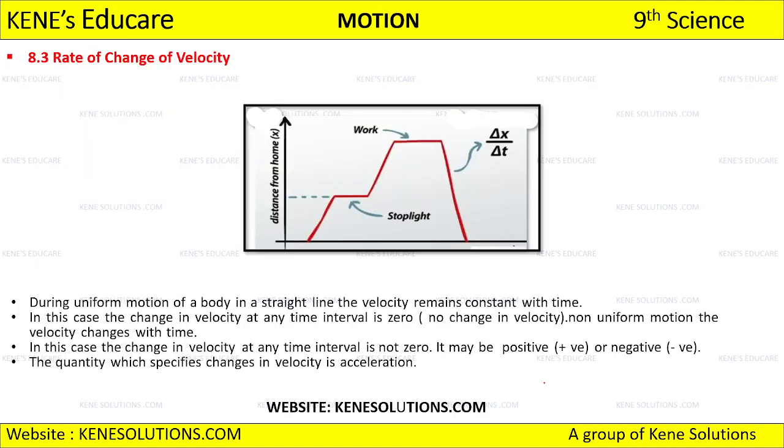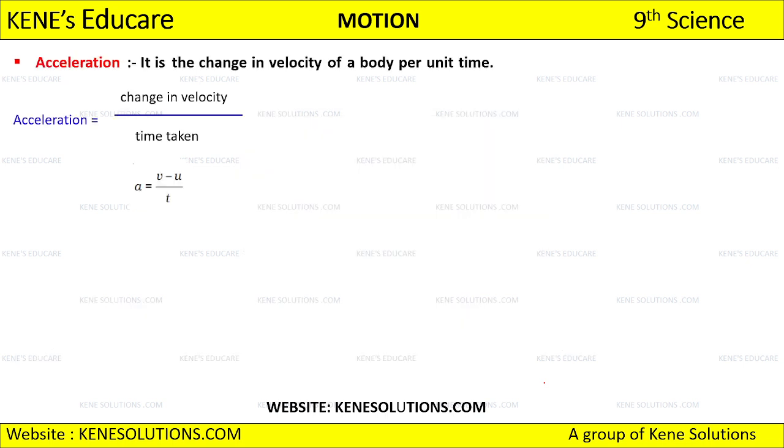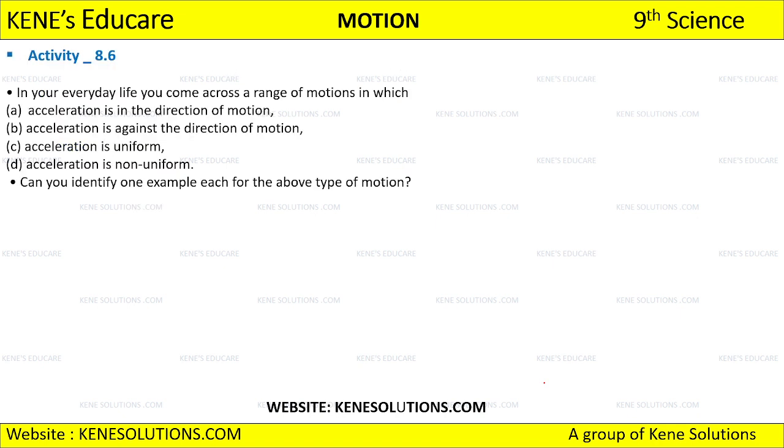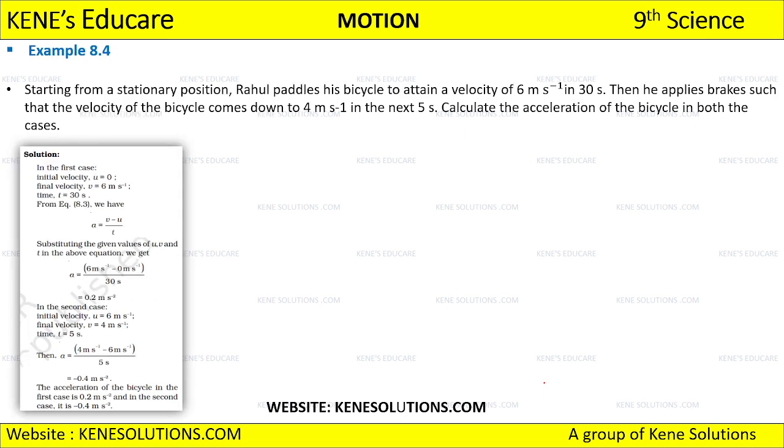Then we'll discuss rate of change of velocity in detail. After this, we'll be discussing acceleration in detail, like what is acceleration. Then we have activity 8.6. Then we have example 8.4, which is related to calculating the acceleration of the bicycle.